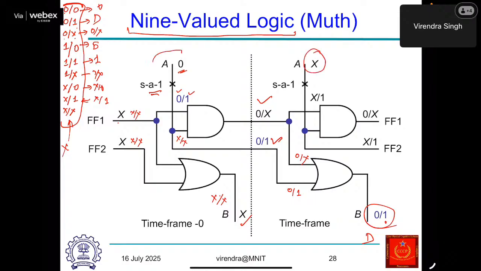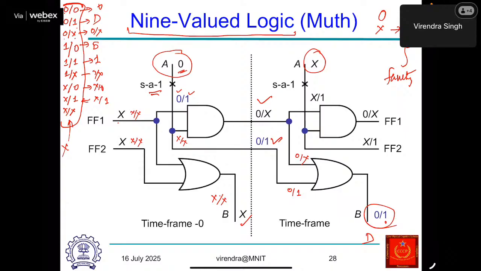I only need to care from the first time frame value 0, second time frame can be 1, and then the output I am looking at is 0 by 1. If it is 0, in that case we can say that the circuit is fault free. If it is 1, in that case the circuit is faulty. So this will give me the faulty output.